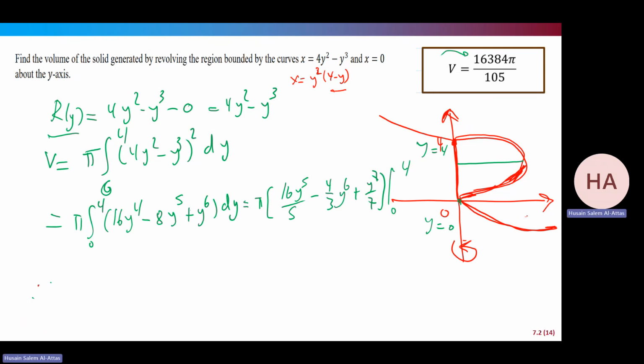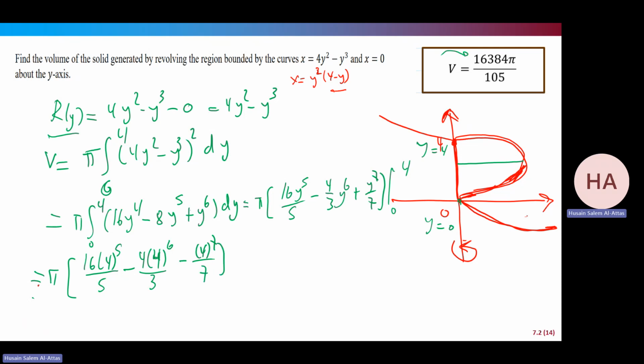Okay, that gives me, I'll do the calculation, 16 times 4 to the power 5 over 5 minus 4 to the power 6 over 3 plus 4 to the power 7 over 7.